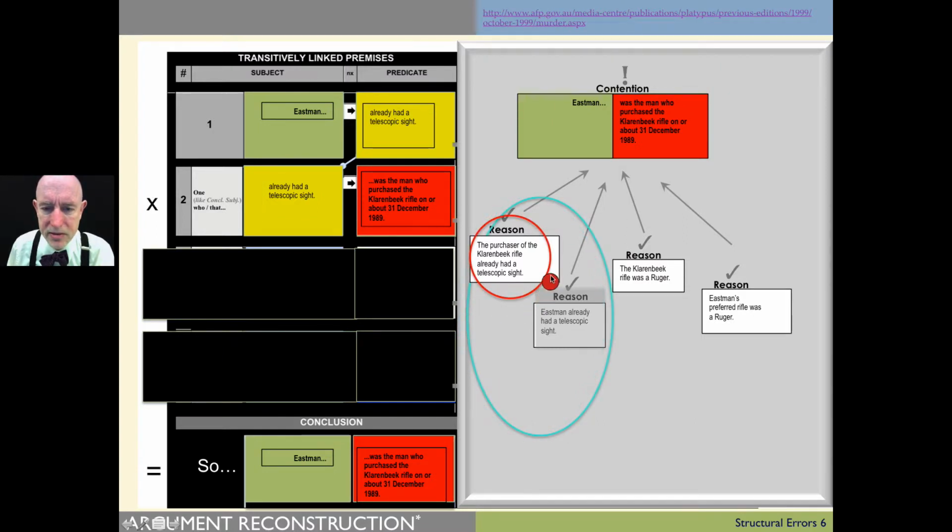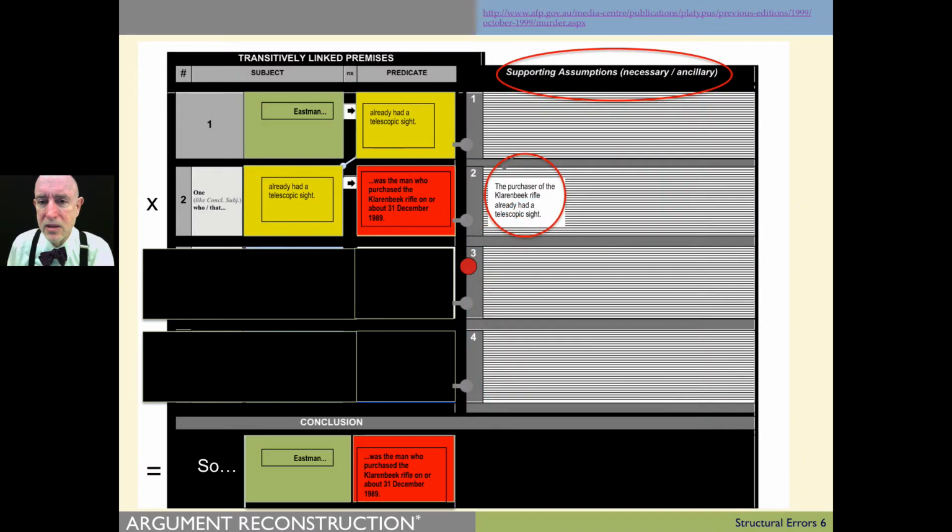Now we have this last piece, and like a jigsaw puzzle, we're going to see where we might fit that in. And here, it does fit as an assumption. Remember, we always have to consider our assumptions column once we have properly structured the inferential linked premises.